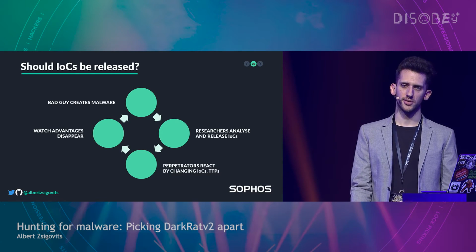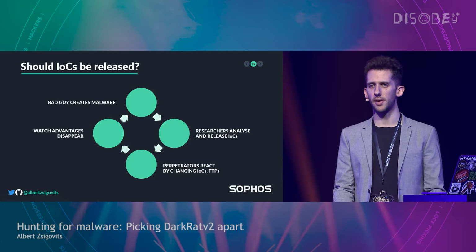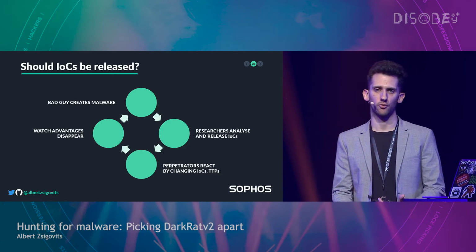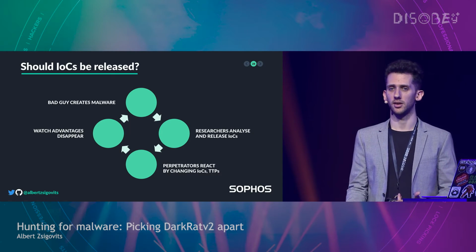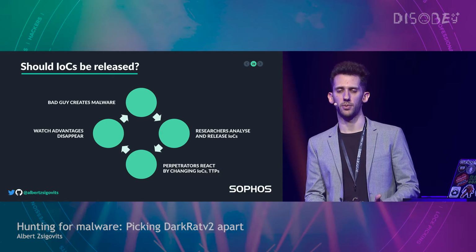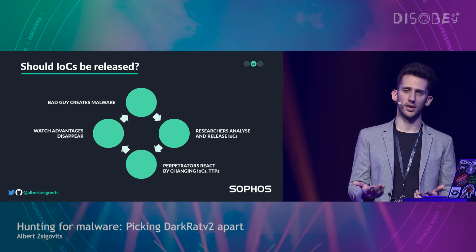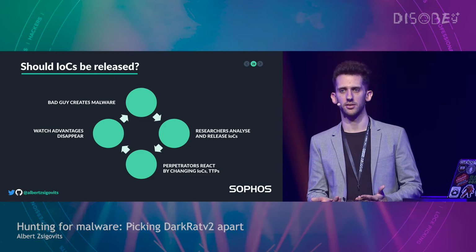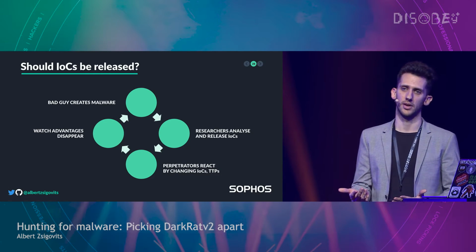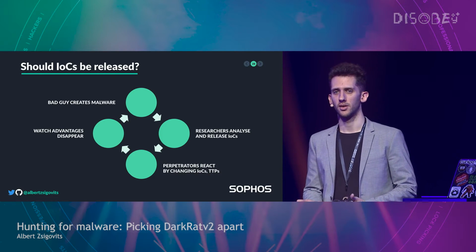There's this vicious circle. It starts with a bad guy or a perpetrator writing code, then releasing it. Then the researchers come into play and analyze the malware. They release IOCs and TTPs around it because it's new stuff and everybody needs to know about these.